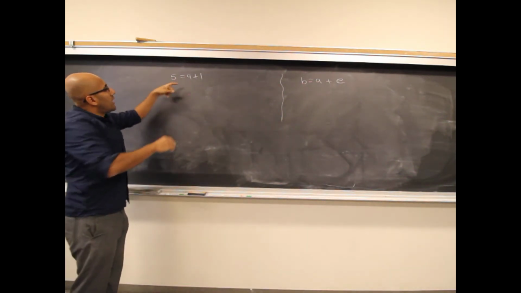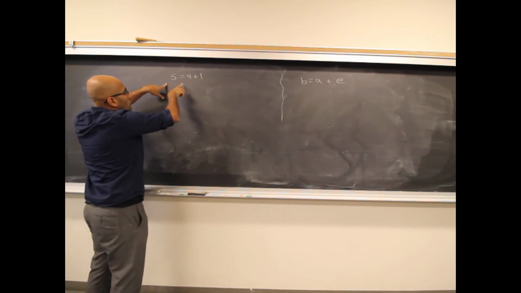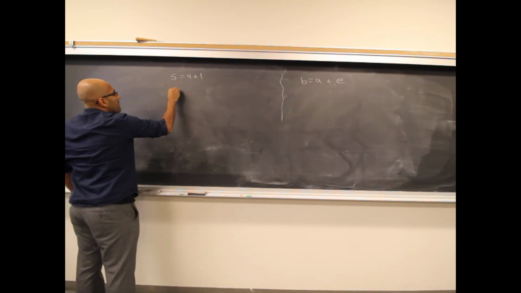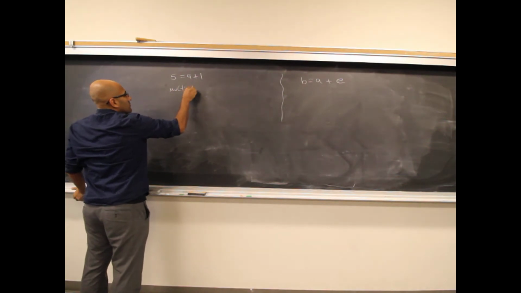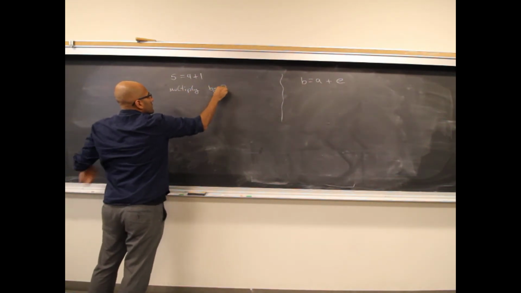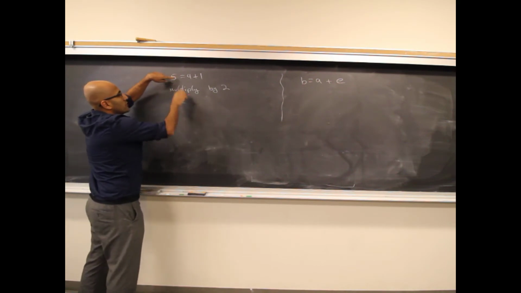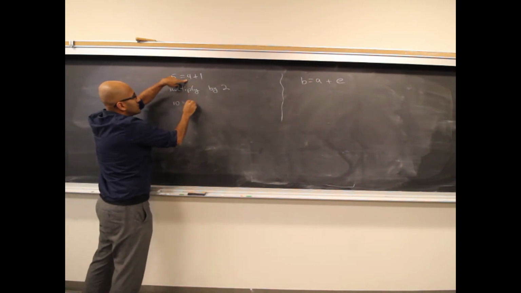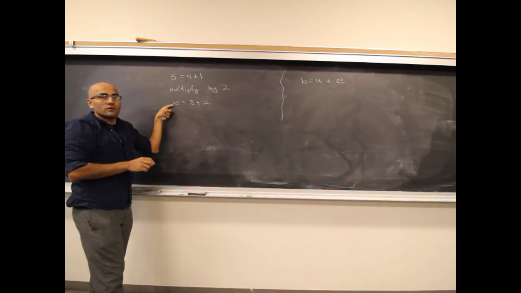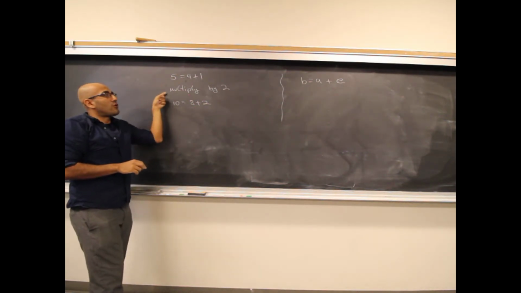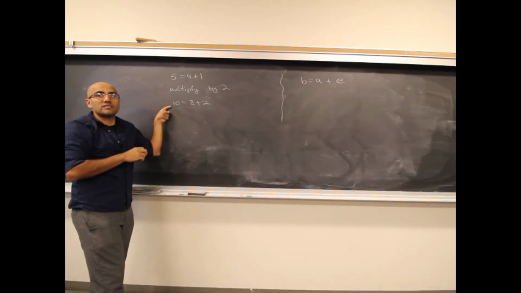Okay, so in this case, what I could do is multiply everything by 2. I can multiply the left-hand side by 2, I would get 10. Multiply the right-hand side, multiply everybody by 2, I get 8 plus 2. That's also true, right? It was true before, I multiplied everything by 2, it must be true.